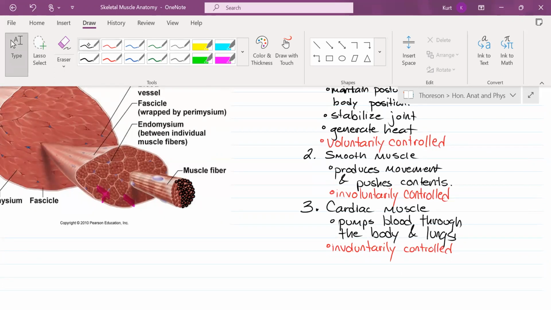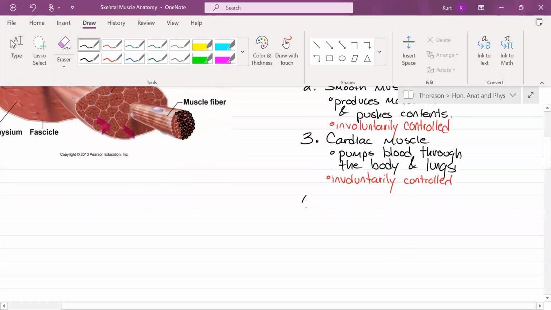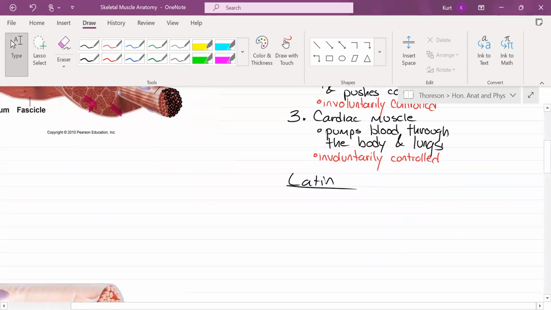Okay, next, let's talk about the Latin affixes you all will need to be on alert for. Last unit, when you saw prefixes like osteo and arthro, osteo means bone, arthro means joint, chondro means cartilage. You have 3 affixes that you need to be on the lookout for this unit. If you see myo or my, that's going to be in reference to muscle.